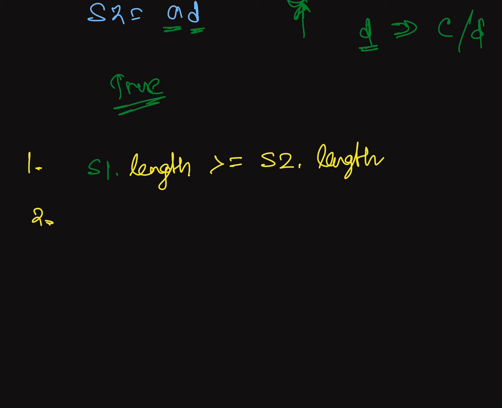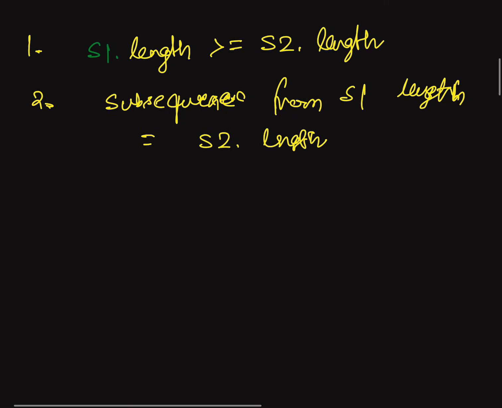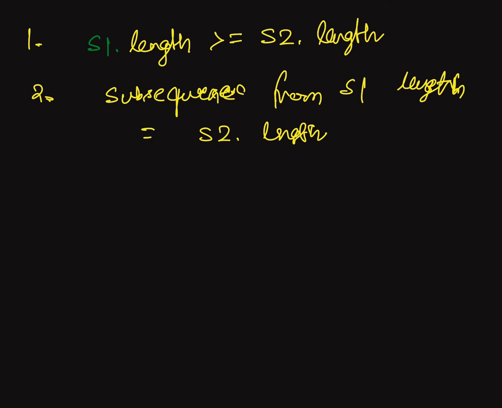Next, the subsequence we are choosing from string 1, that length will be equal to the length of string 2, correct? This is clear. Now what brute force approach can we think of from these conditions?